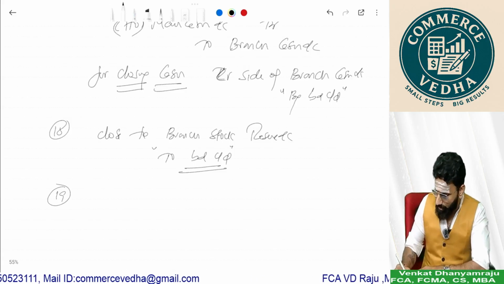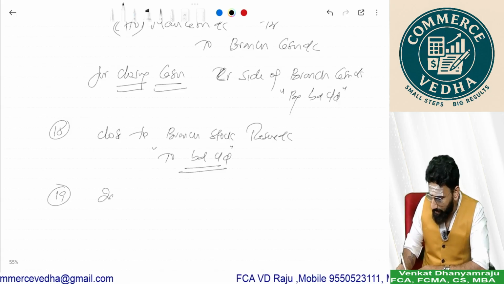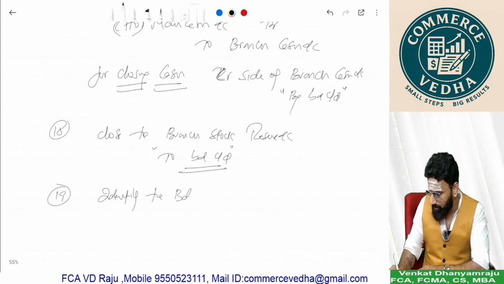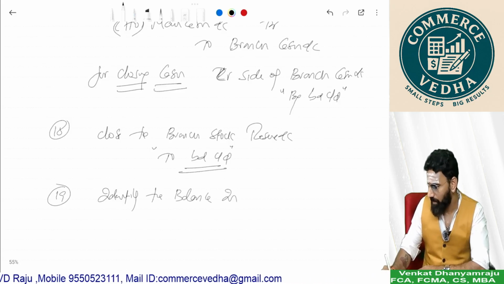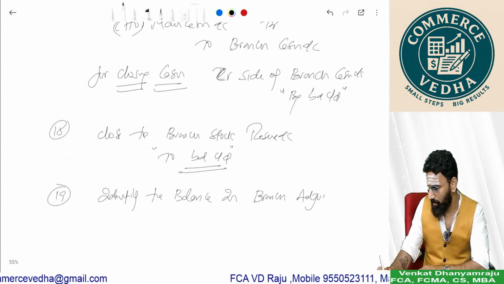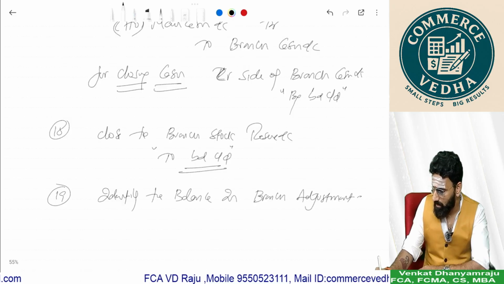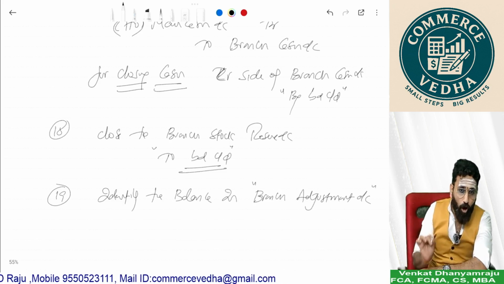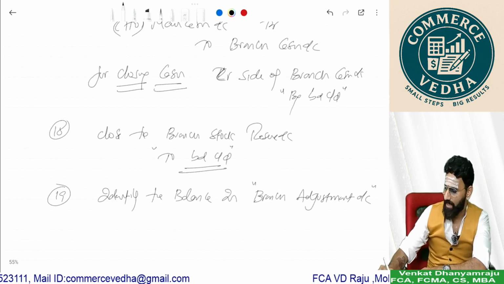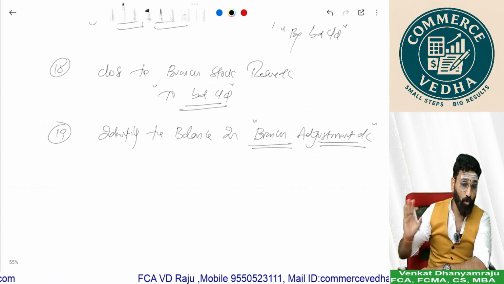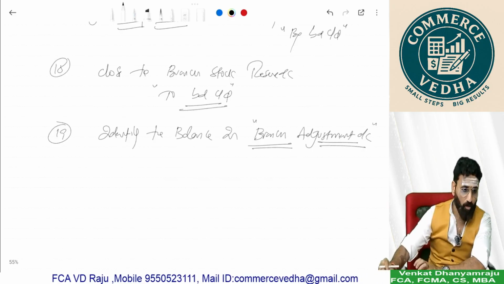Now comes here, identify the balance in branch adjustment account. This is nothing but the loading account. I can say all the loading pass through adjustment account only. So all the loading in the stock is in the adjustment account.